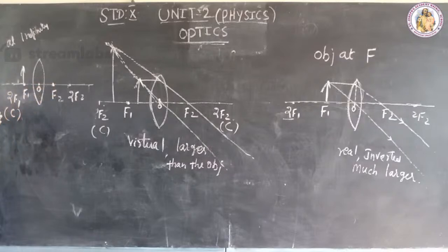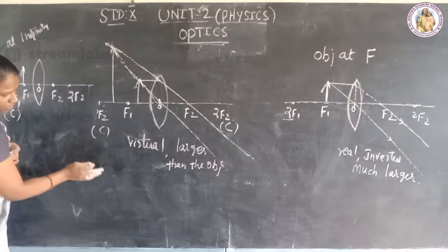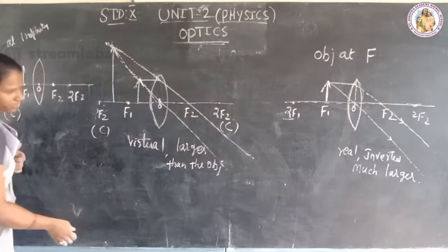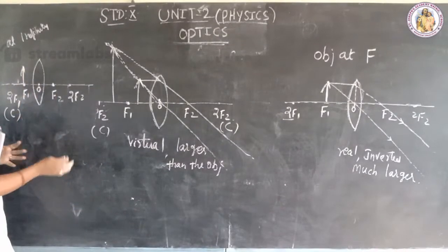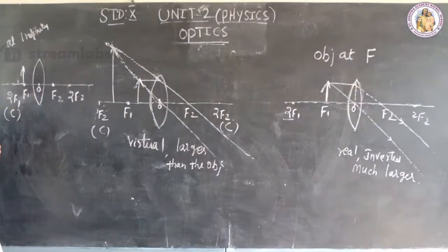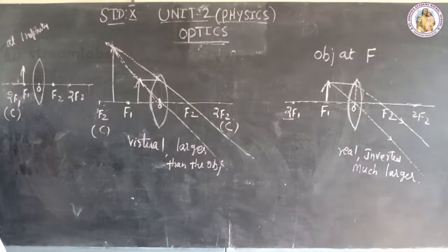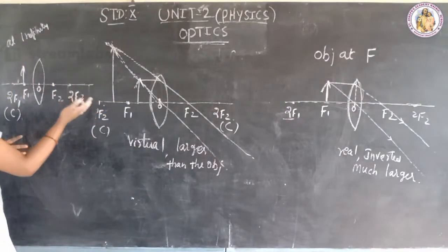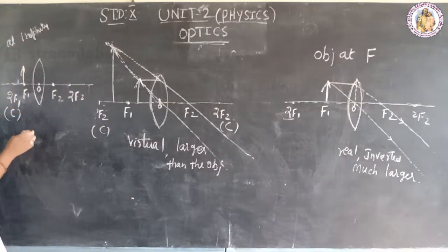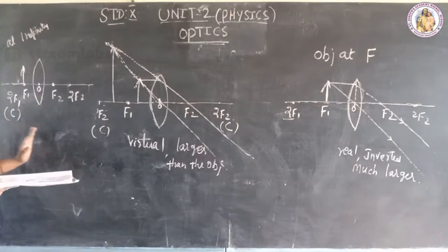We don't know where it forms, at infinity. So what about the size of the image? In this case, it's larger.